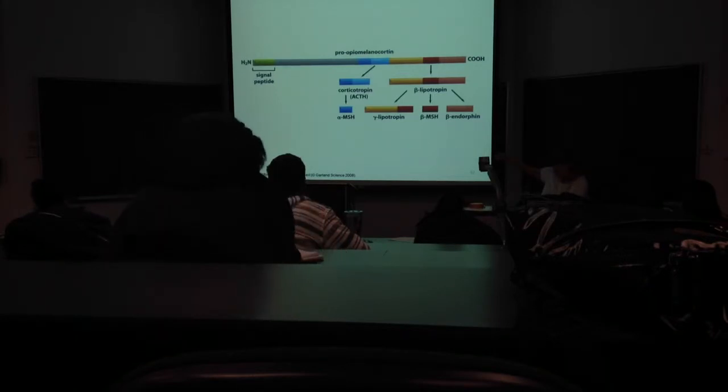So it's very economical. You make one big one and then you cut it up. And the specificity here comes from the fact that the enzymes that do this cleavage are only located in a certain area. These are actually the pituitary.